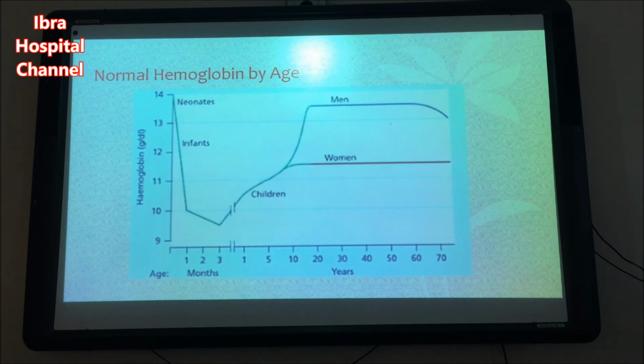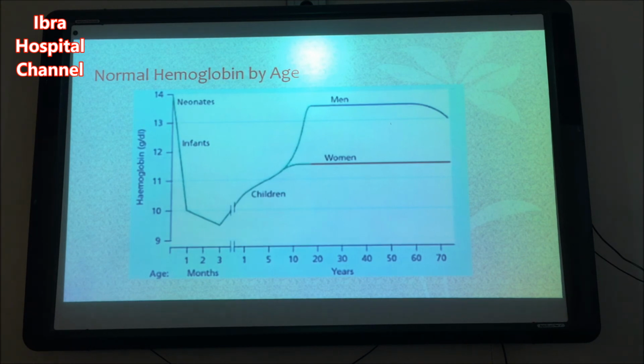Okay? So many children come to the hospital for some kind of viral throat infection, they do a CBC, and then he will be treated for anemia. He is referred because he has a hemoglobin of 10. And I have seen many blood films ordered for pediatrics: iron deficiency anemia, iron deficiency anemia. That's their usual average hemoglobin, children. Why?